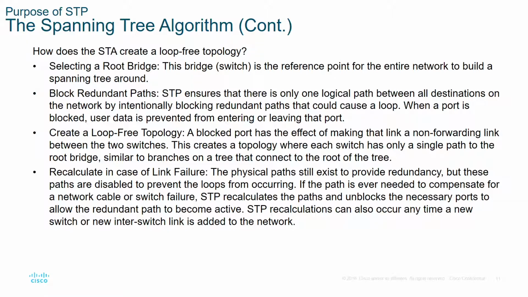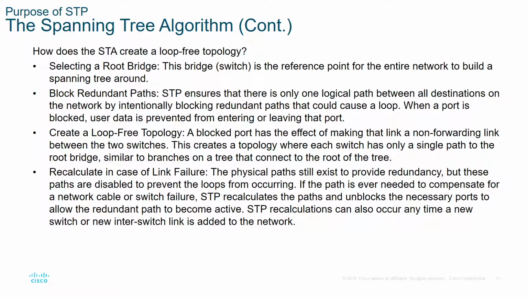Recalculating in case of link failure. The physical paths still exist to provide redundancy, but these paths are disabled to prevent the loops from occurring. So there are redundant paths, there are loop paths essentially in the network, but because they are disabled on a particular port within that loop, loops won't occur within the network.